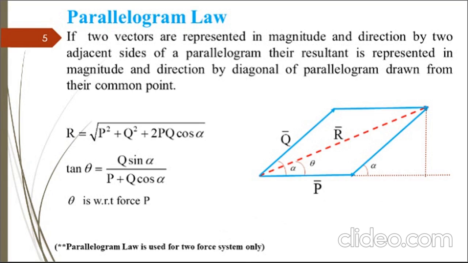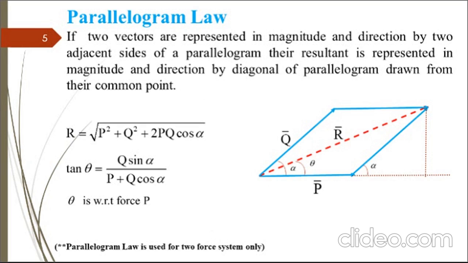Right? Again, the most important thing in the case of the parallelogram law is that it is used for a two force system only, like the triangle law. The triangle law and parallelogram law are the two methods of determining the resultant for a two force system only.